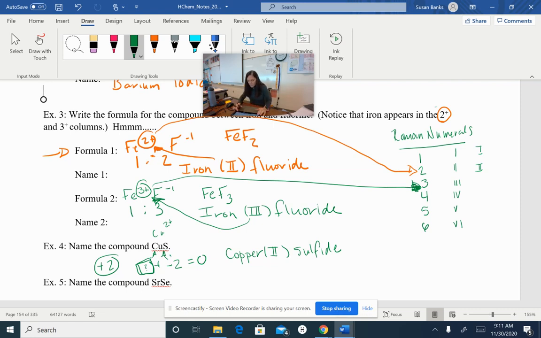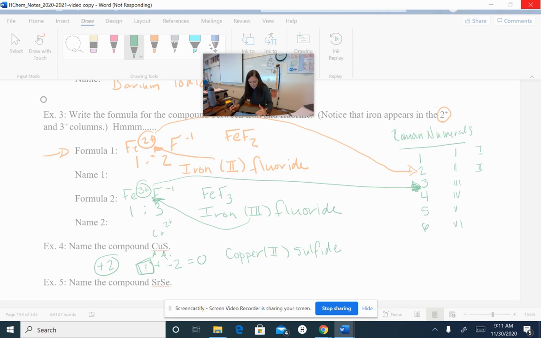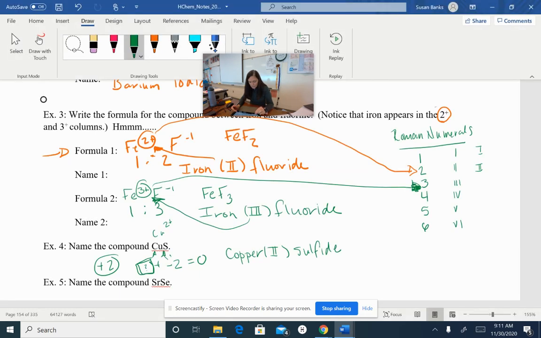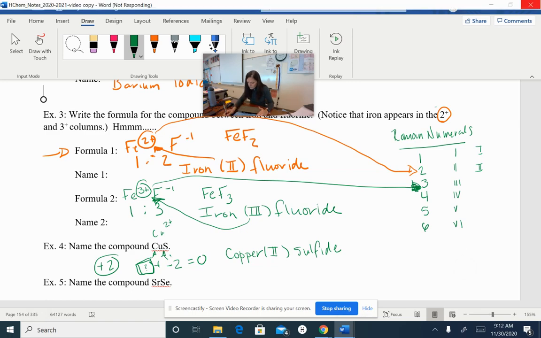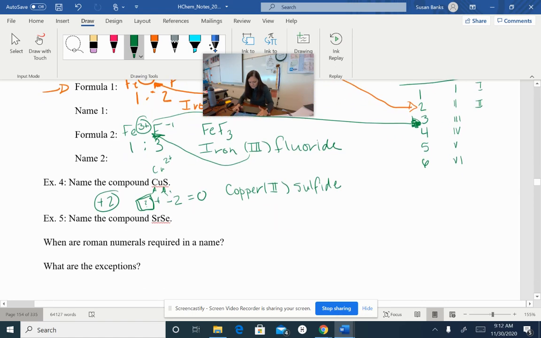All right. I want you to spend a minute and see if you can name this next one. We have strontium and we have selenium. Now I'm going to warn you really quickly that this is kind of a trick question. Take a minute.